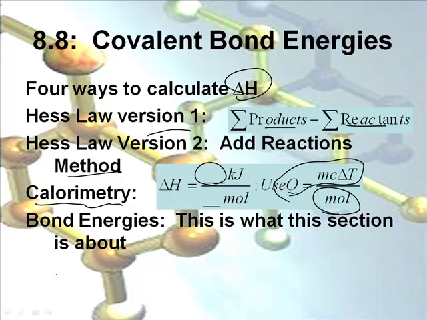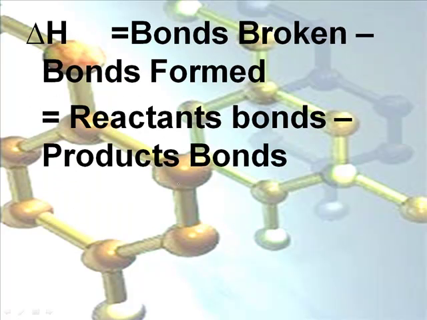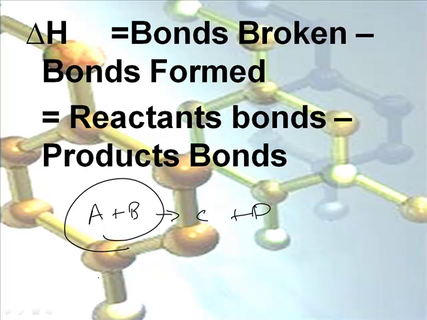And that method is called bond energies. Here it is. And today you're going to learn how to use bond energies to find delta H. And here's the key equation: it's bonds broken minus bonds formed. Now, something that's odd about this: if I've got A plus B makes C plus D in some reaction, the bonds broken are from the reactant side.